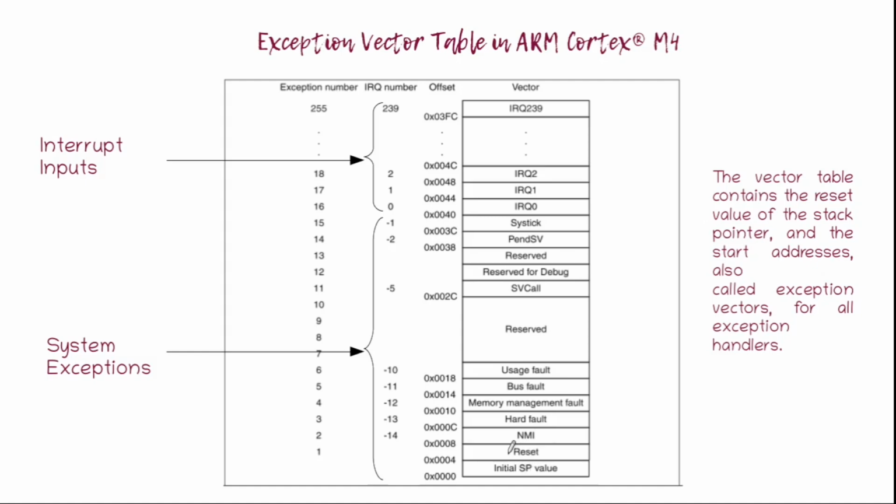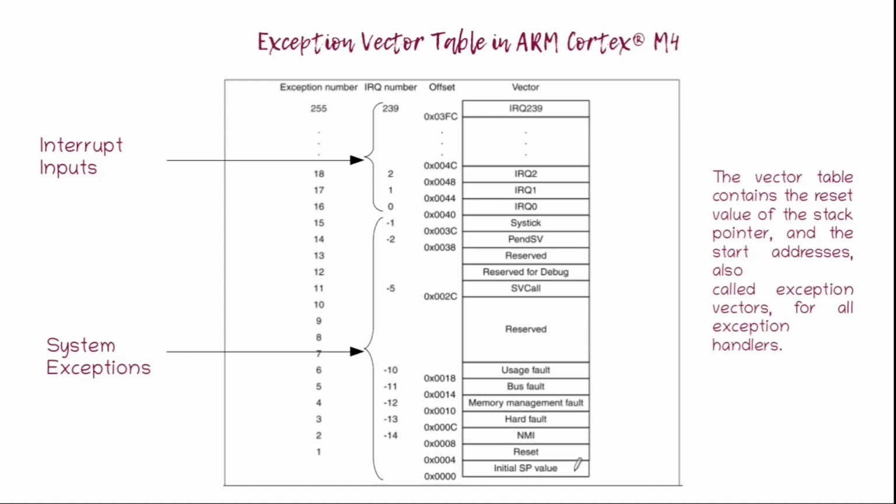And then you have the address of the reset handler. Whenever you press the power button on your processor board, two things happen. First, the initial stack pointer value gets loaded, so the processor knows where to start accessing the stack from, and second, it goes into the reset handler. So this contains the address of the reset handler.